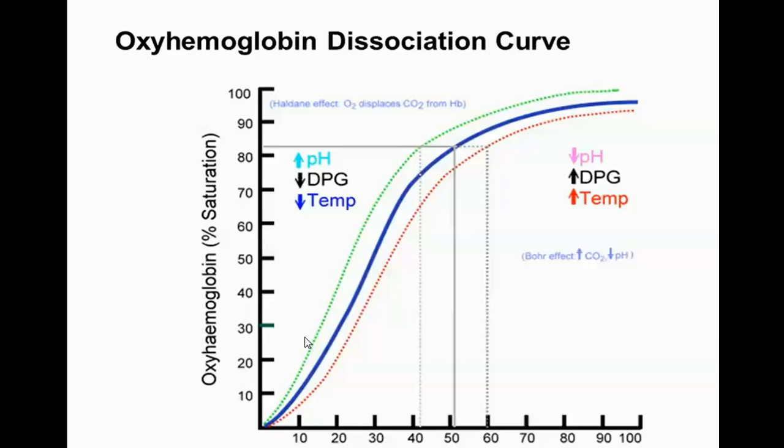Clear? So if the patient has cytotoxic hypoxia, is it considered a shift to the right or to the left? Carbon monoxide poisoning. Yes, excellent.